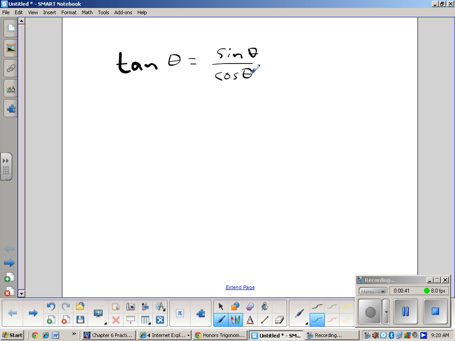That's important because when we look at tan of 0, we get sine of 0 divided by cosine of 0.